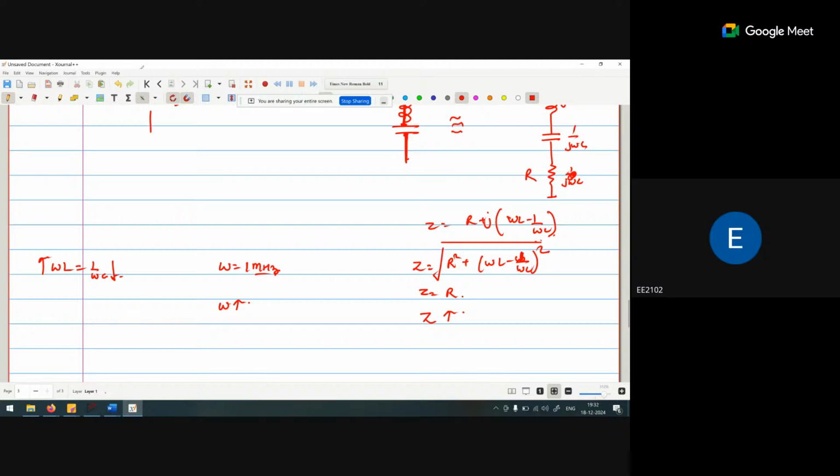Okay, so I draw the curve. This is the resonating frequency for a 1 microfarad capacitor.